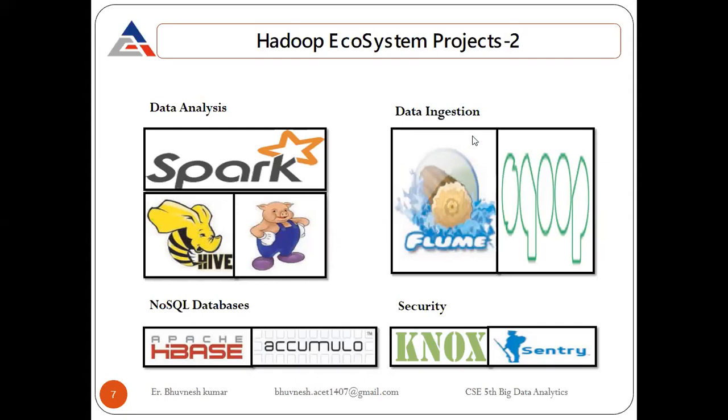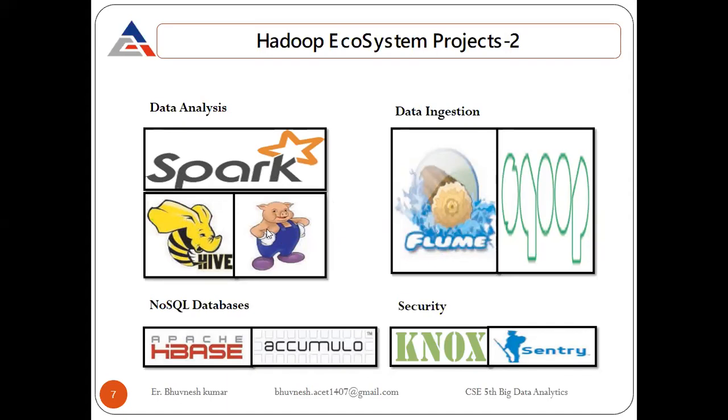Further, for data integration there are Flume and Sqoop. For the NoSQL database, Apache HBase is there. For security, Knox is there, and further Sentry is there. These are the ecosystems for data analysis: Spark, Hive, Pig.